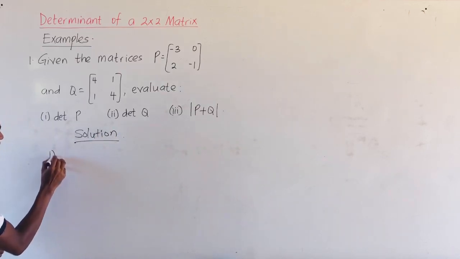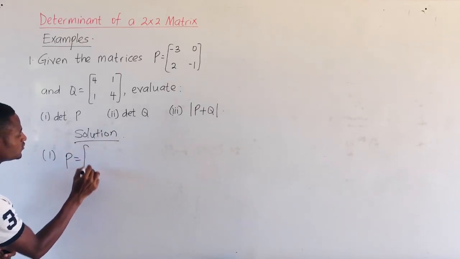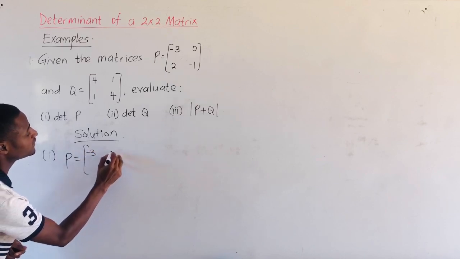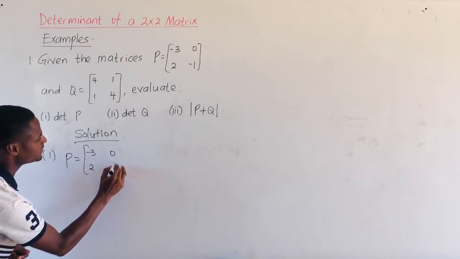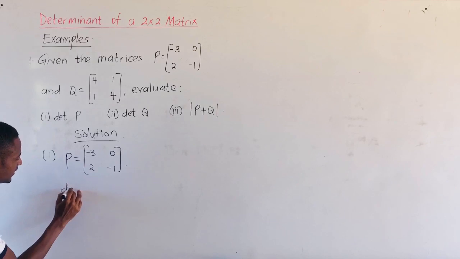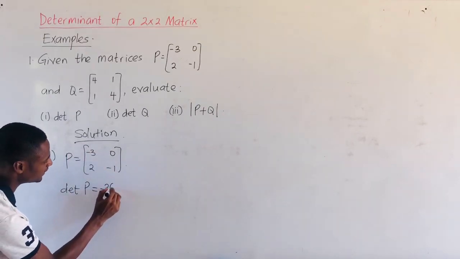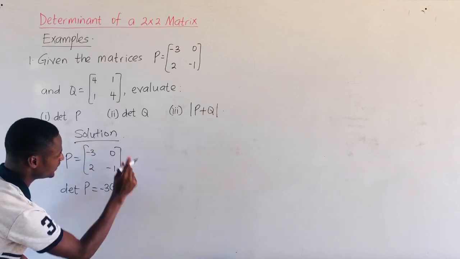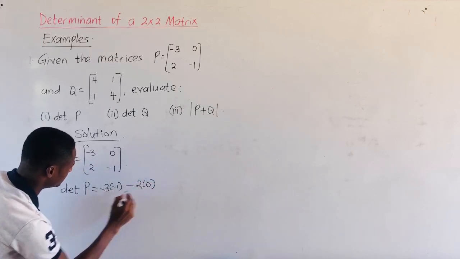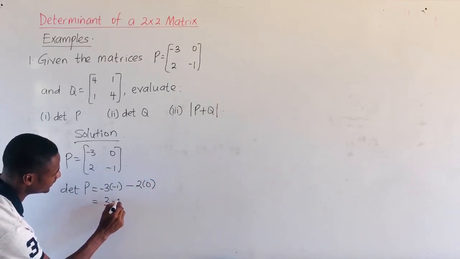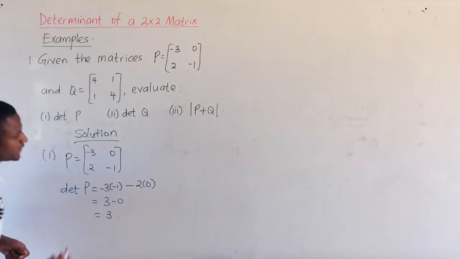We have P is equal to negative 3, 0, 2, negative 1. Then the determinant of P will be the product of the leading diagonal minus the product of the minor diagonal. This will give us 3 minus 0, and that is equal to 3.